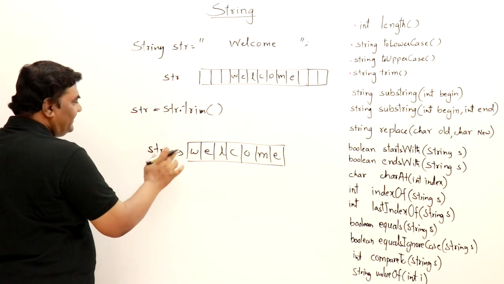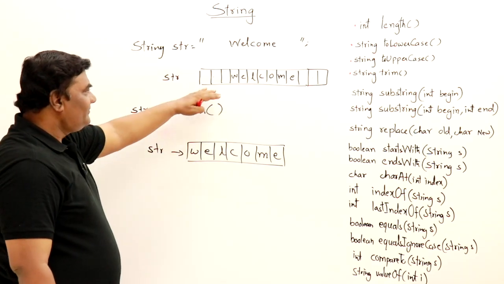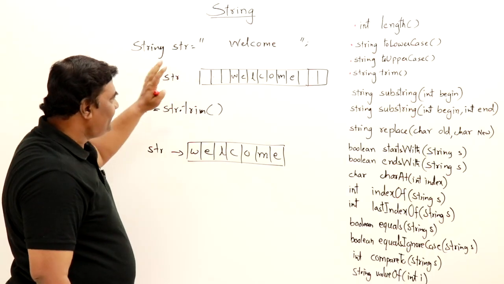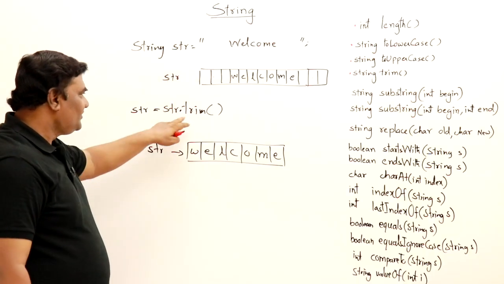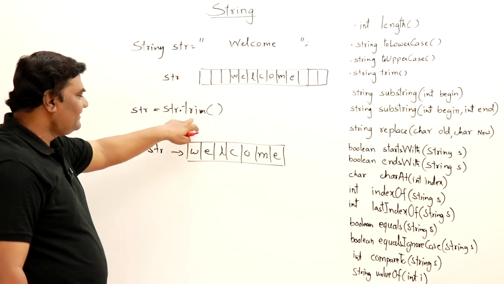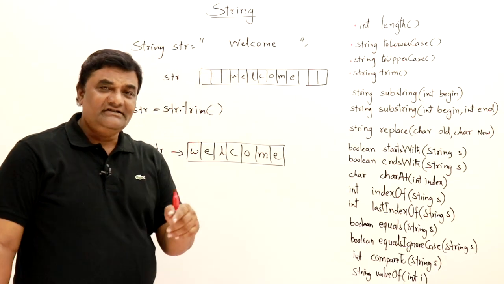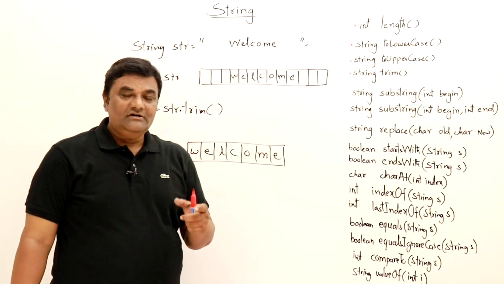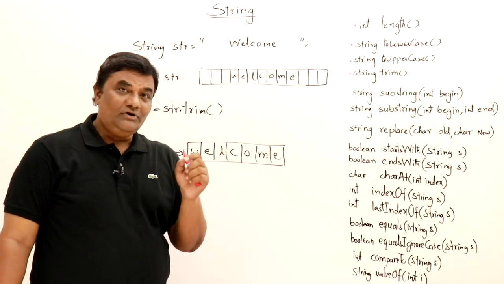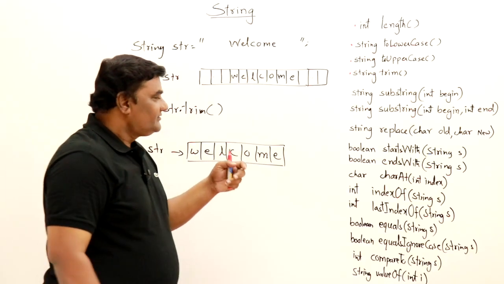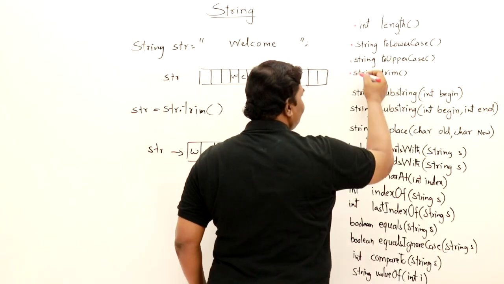Okay, so it will be pointing on this new object. So this object will be gone, str will not be pointing there, str will be pointing on a new one because we have given str assign str.trim. So this string is trimmed and a new object is created. As I just now said that strings are immutable, always a new object will be created if any modifications are required. So that's it, we have finished with these functions.